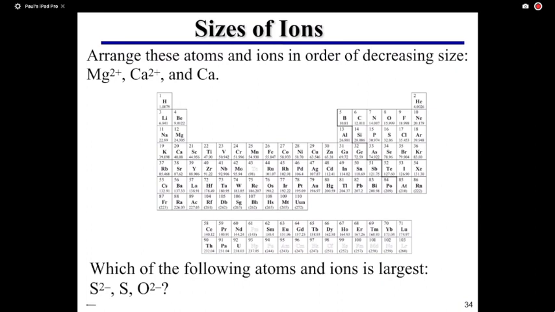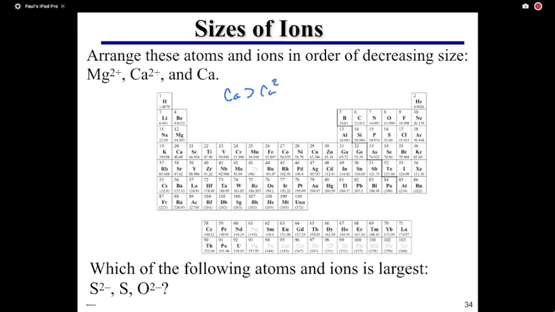Alrighty. Arrange these atoms and ions in order of decreasing size. Okay? So I've got calcium with no charge, calcium with a 2 plus, and magnesium with a 2 plus. All right? So in this case, the element that hasn't lost anything is the biggest. So calcium is the biggest. Then, which one is the next smallest one?